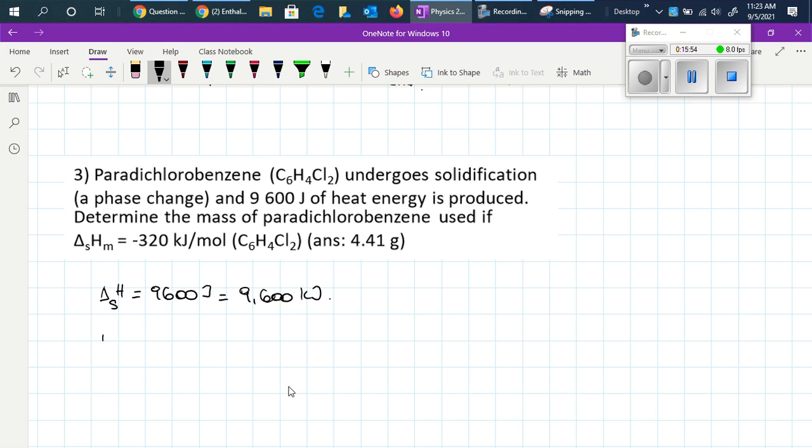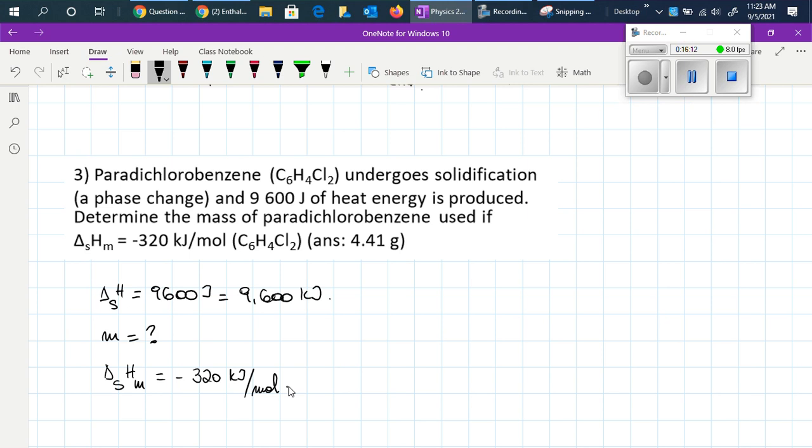Determine the mass, so mass is the question mark, if the molar heat of solidification will be negative 320 kilojoules per mole.